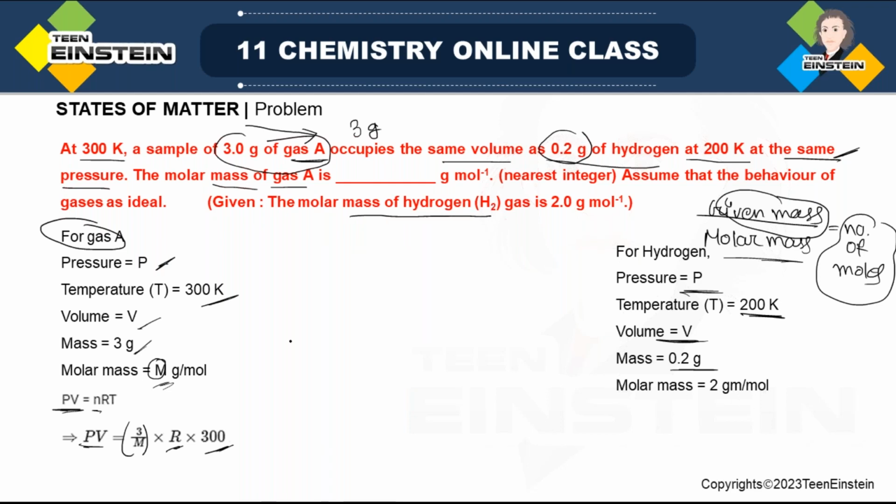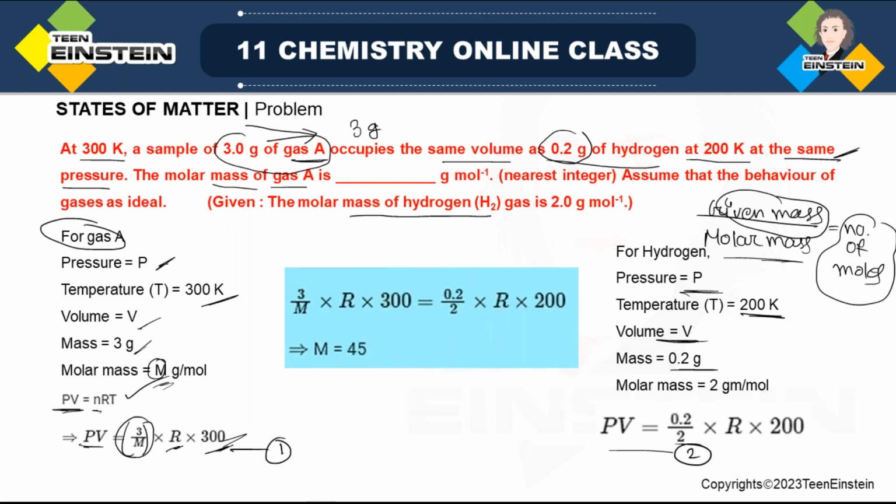So here also you can use the same equation PV = nRT, and in place of n, now you can write 0.2 by 2. In place of temperature, you will write 200. So this is the equation, just like the previous one. Suppose this is equation number 2, this is equation number 1. So 1 is basically equal to 2, isn't it?